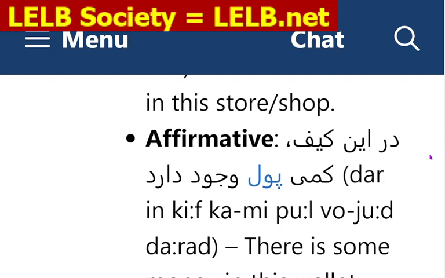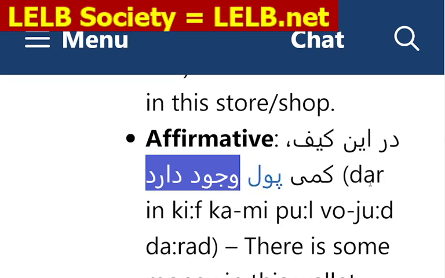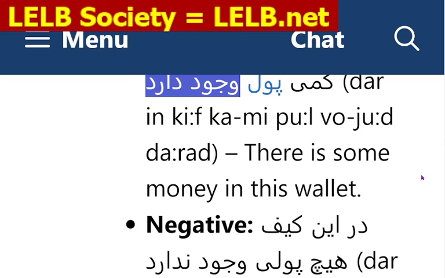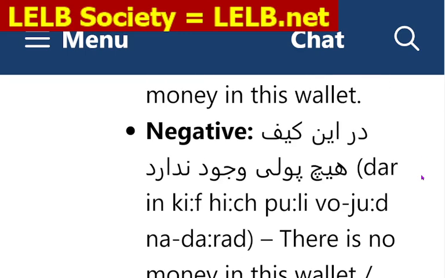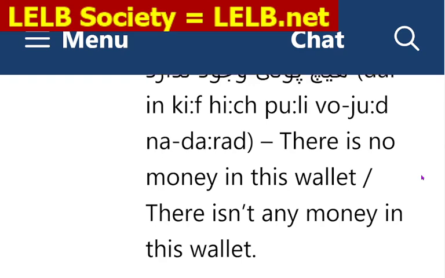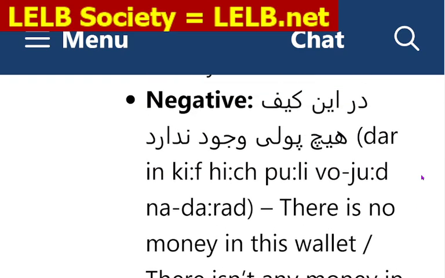Affirmative, another example: در این کیف کمی پول وجود دارد. Pay attention, this is also another way to talk about existence or lack of existence. There is some money in this wallet. And the negative is در این کیف پول هیچ پولی وجود ندارد. So there is no money in this wallet, or there isn't any money in this wallet.